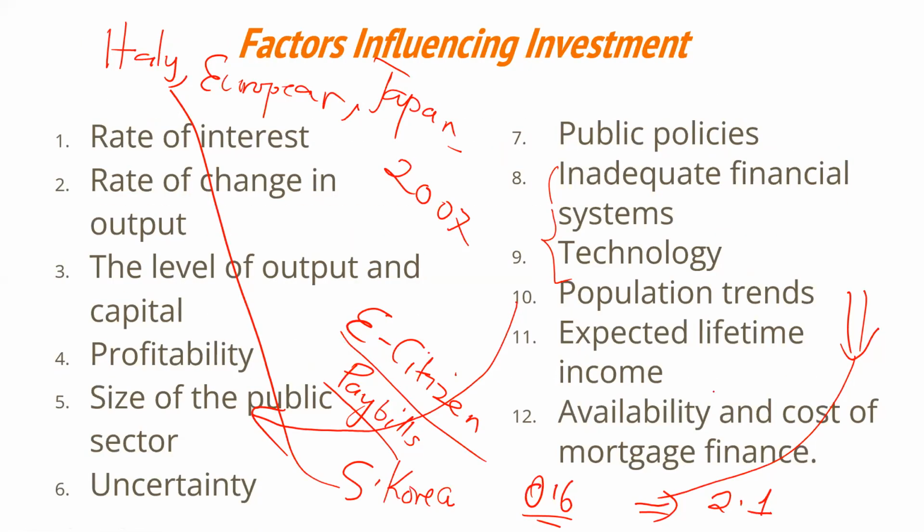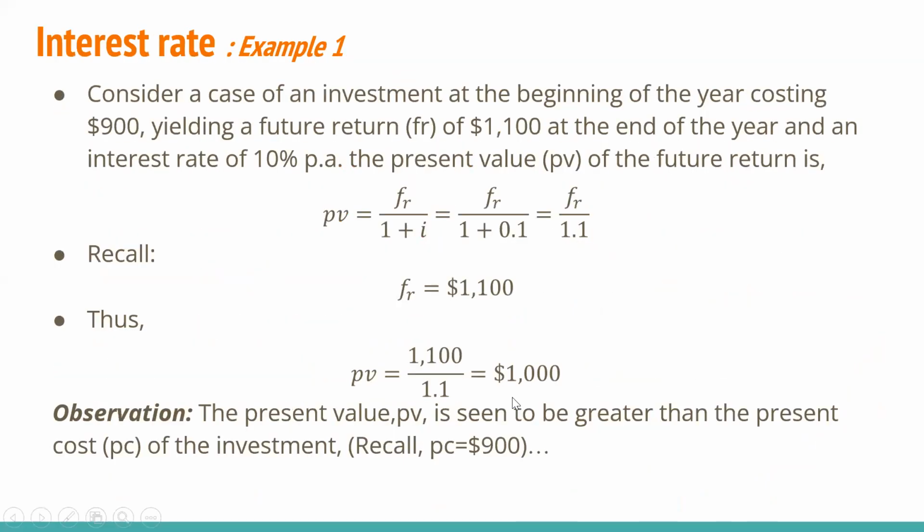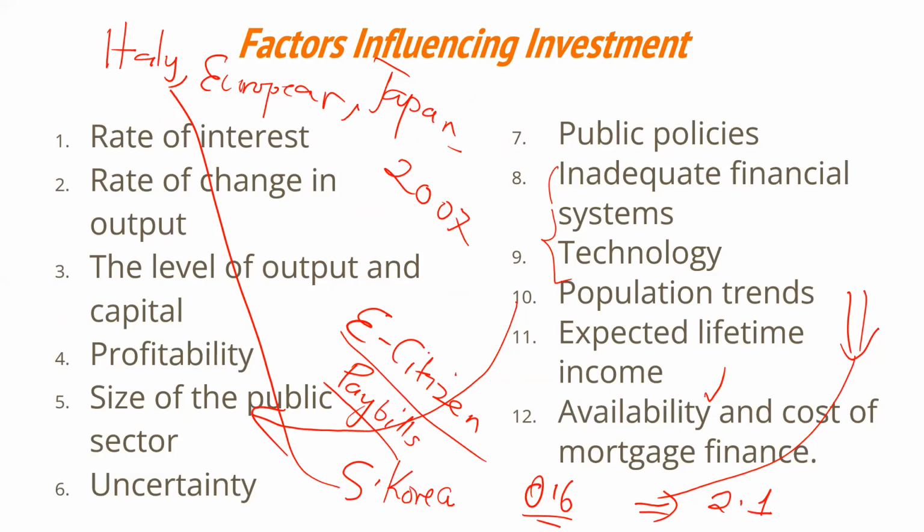Lastly, availability and cost of mortgage finance. This actually works, especially now when we talk about investment in capital projects from a micro level, when we talk about households investing in houses. Why houses?